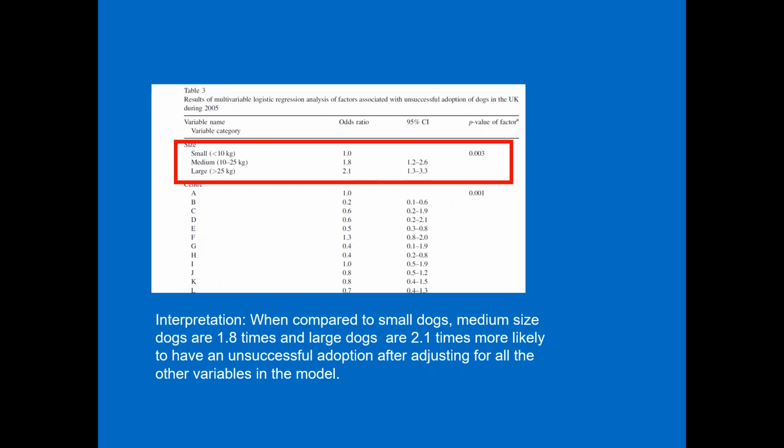So again, because this is a multivariable model, another way it may have been written was adjusted. So if you get told something is adjusted, or it's from a multivariable model, or it's conditional, what it's telling you is that it has controlled for other factors. And those other factors will be the other variables that appear in the table with it.